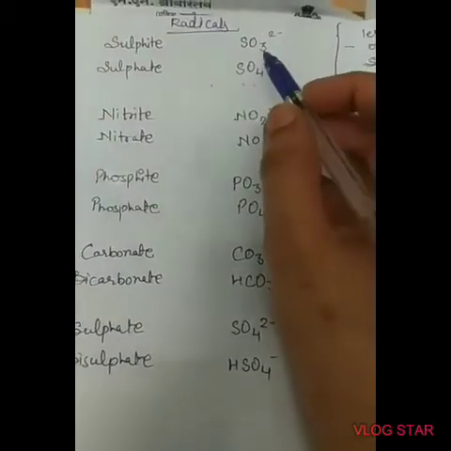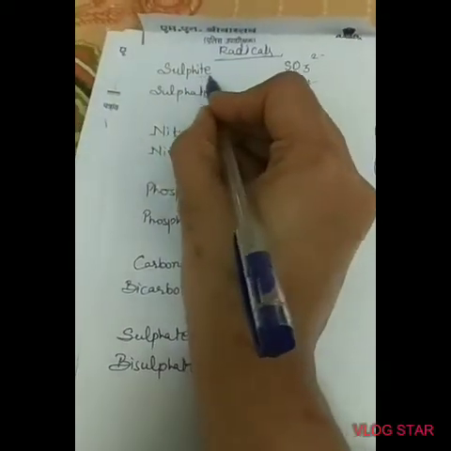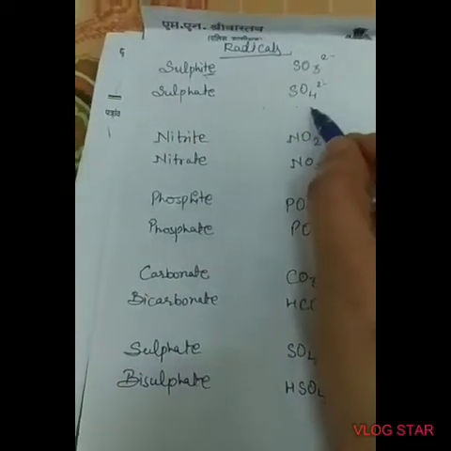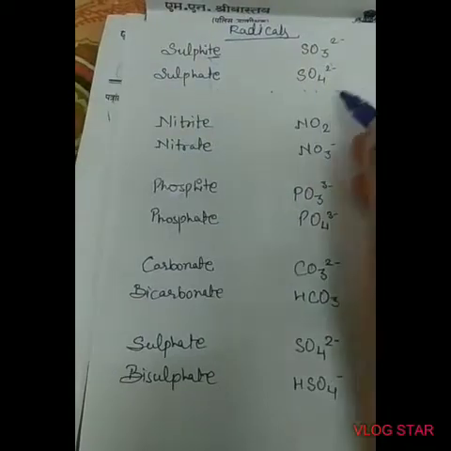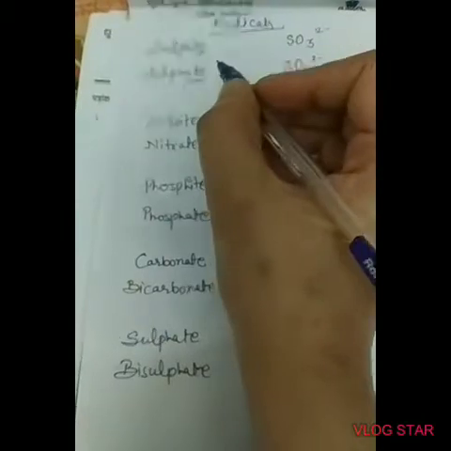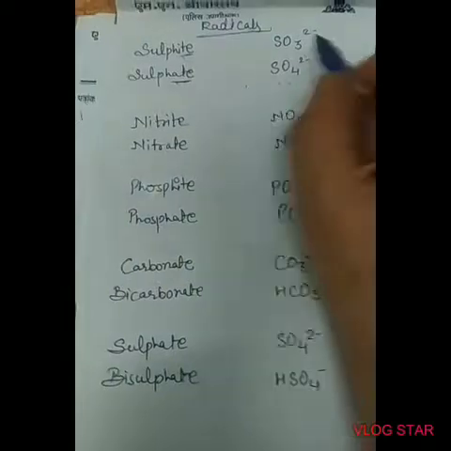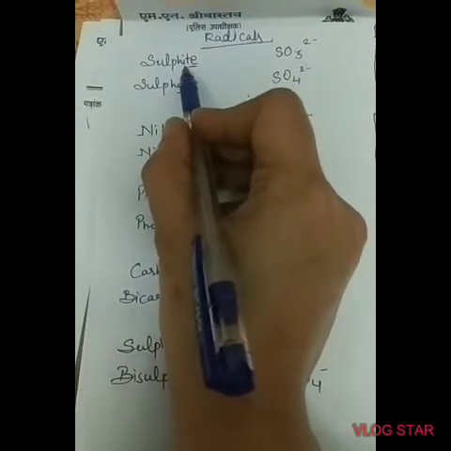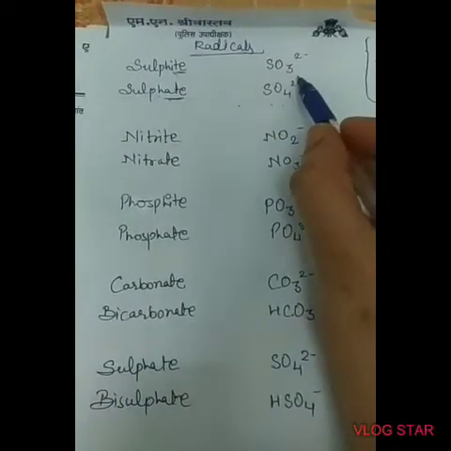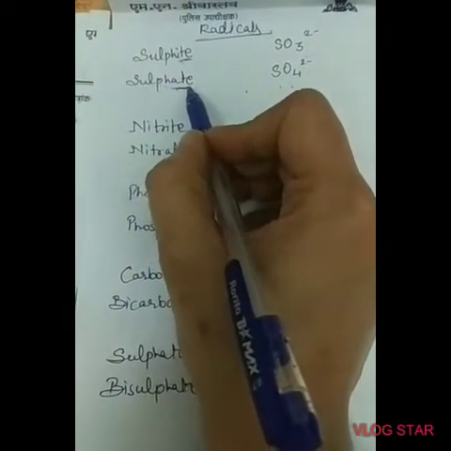Where you see the lesser number of oxygen atoms, you put the suffix "ite", and for the higher number of oxygen atoms we put the suffix "ate". Sulfite and sulfate: for a lesser number of oxygen atoms we put suffix "ite", and for a higher number of oxygen atoms we put suffix "ate".